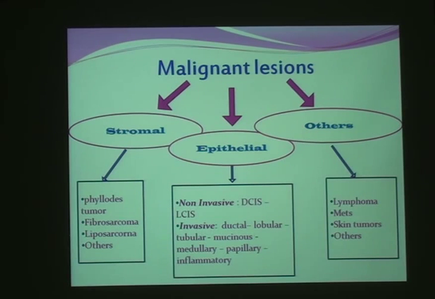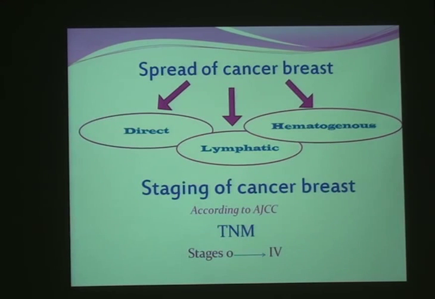Stromal tumors include phyllodes tumor, liposarcoma, fibrosarcoma, and others like lymphoma and metastasis. As far as we know, the most common metastases to the breast are from lymphoma, malignant melanoma, and also skin tumors. The most important way of spread is lymphatic, and also direct extension to the chest wall, and hematogenous, with the most common site being the bone, as we know.